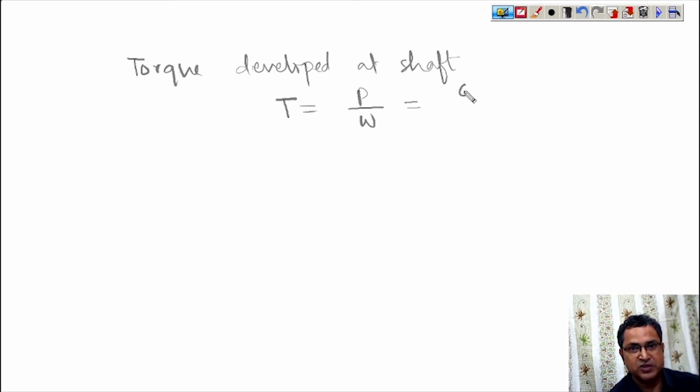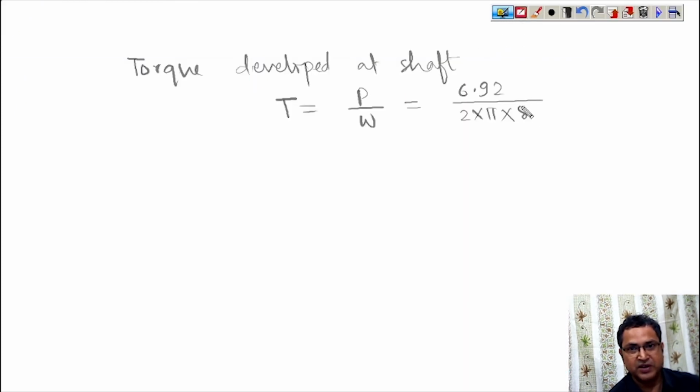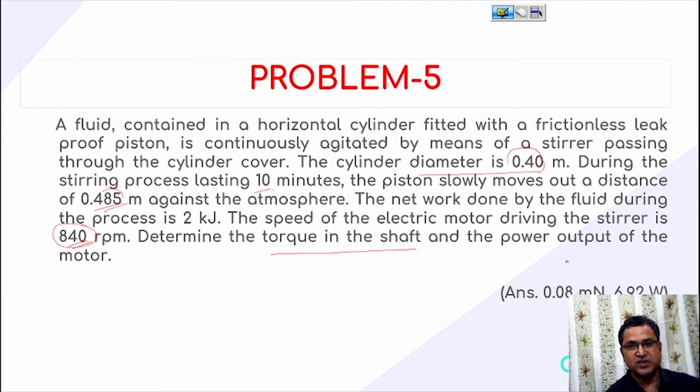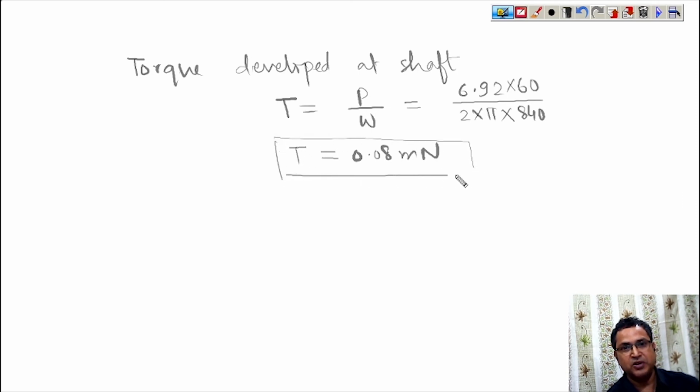What is power? 6.92 divided by omega, which is 2 pi n. How much is the speed? That is 840 rpm, 840 divided by 60. So once you calculate, you will get the torque as 0.08. This much amount of the torque will be developed. You just check it.